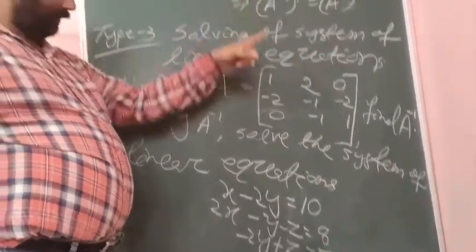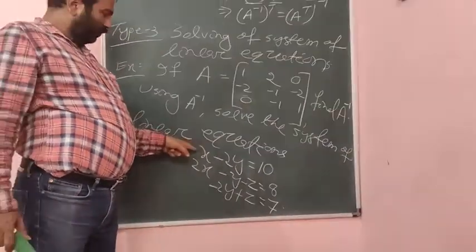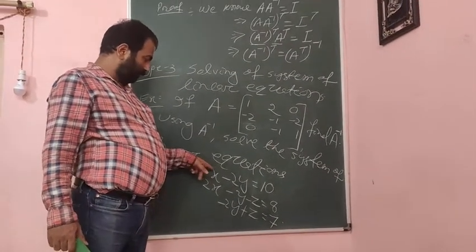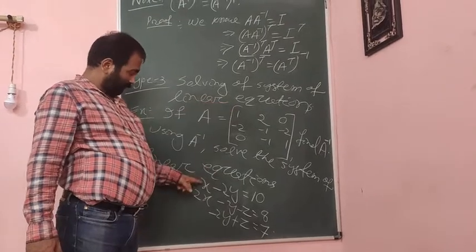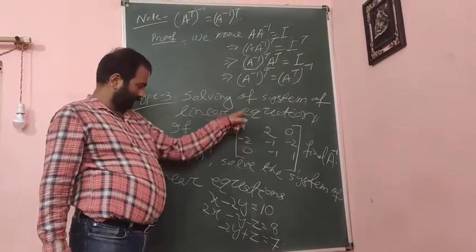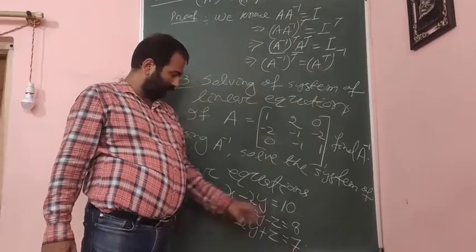Here we see in the row it is 1, 2, 0. But here what are the coefficients? 1, minus 2, 0. Actually here the coefficients are written in column form. Here 2, minus 1, minus 1, also in column form.